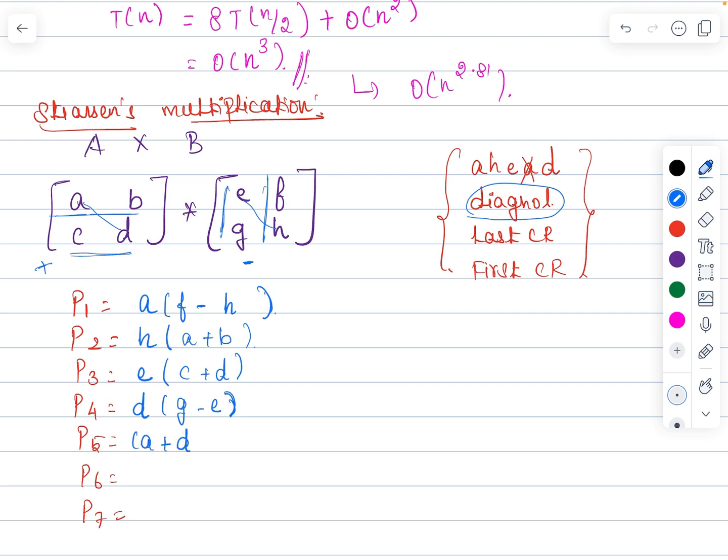The formula for P5 is A plus D into E plus H. So these 2 steps we have applied, and for P6 apply this last column row technique. Last column from the first matrix, last row from the second matrix. Last column from the first matrix is B and D.